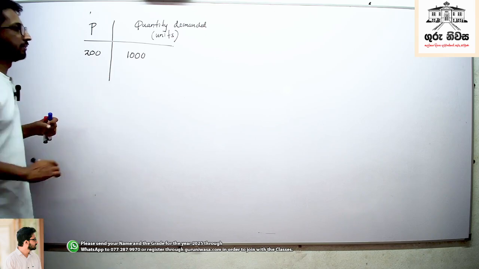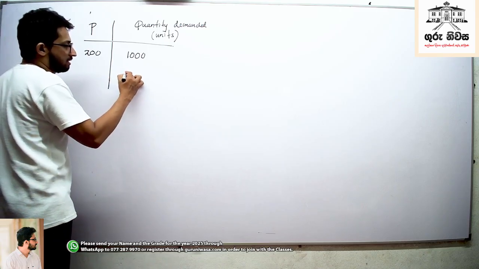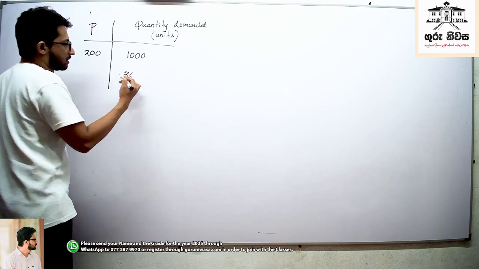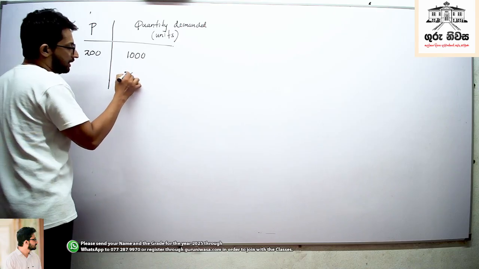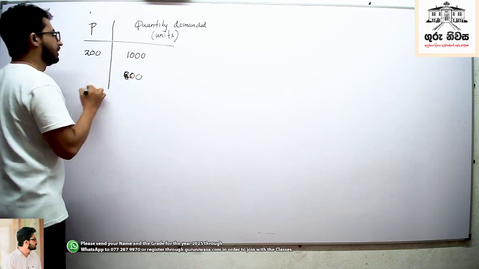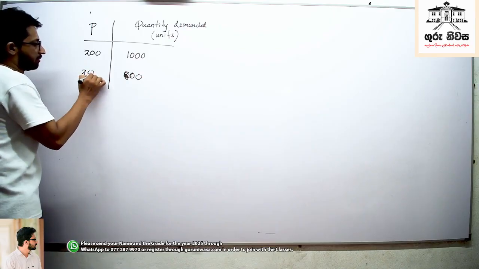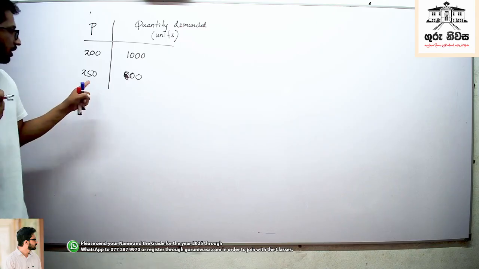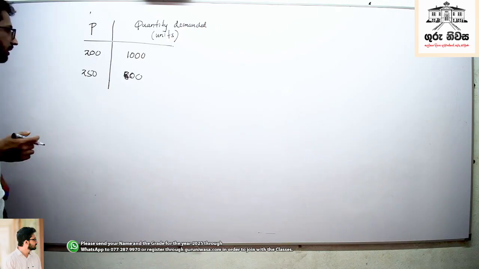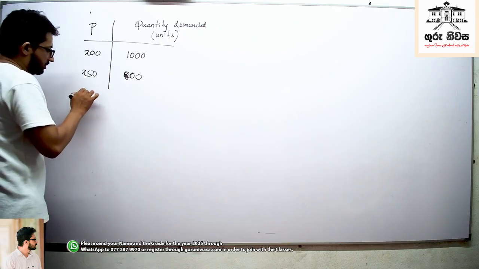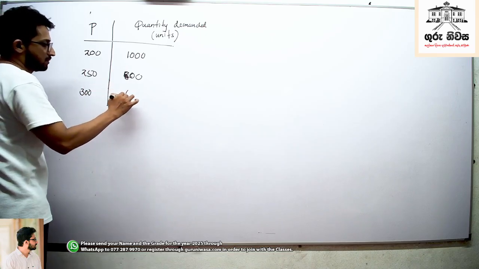Then consumers are willing and able to buy 800 units when price increases to 250 rupees. At 250 price, demand is 800. If price increases to 300 rupees, consumers will decrease the demand to 600 units.